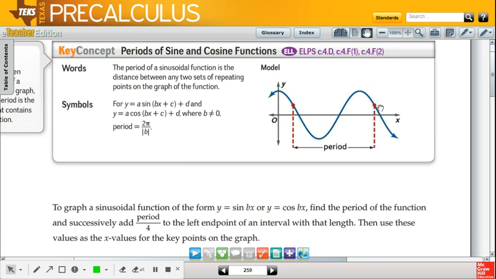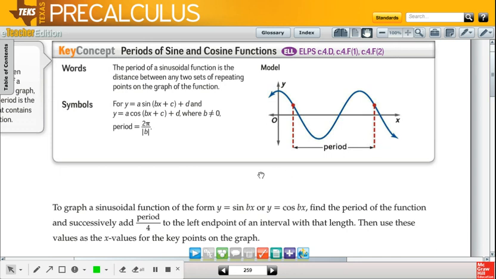For example, if you were to start at the bottom, the minimum of a sine or a cosine graph, and you see there's another minimum, so you go from the first bottom part or the first minimum to the next bottom or minimum, then that's your period. That's one cycle right there.